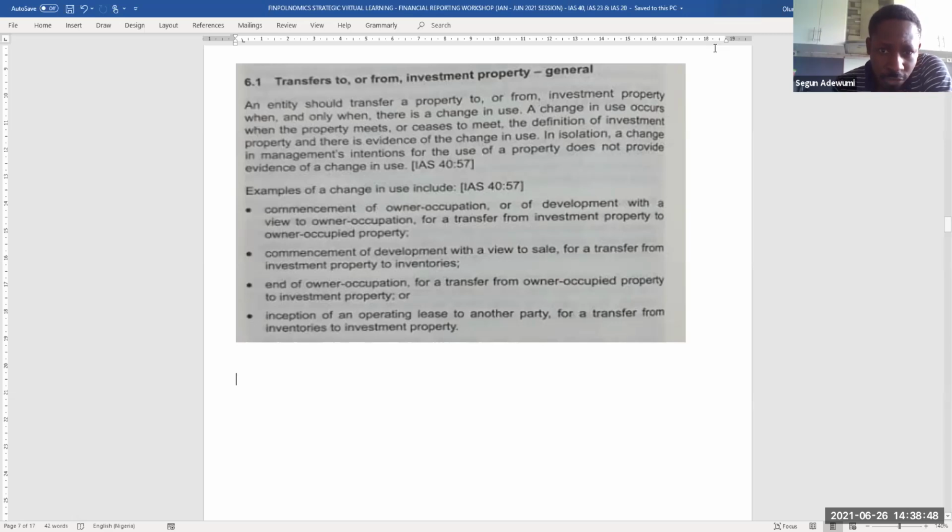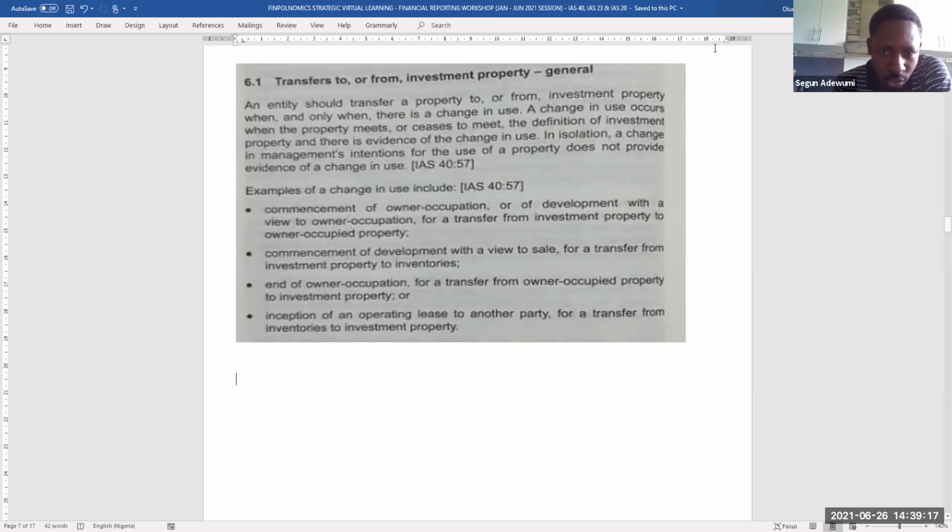An entity should transfer a property to or from investment property when and only when there is a change in use. A change in use occurs when the property meets or ceases to meet the definition of investment property, and there is evidence of the change in use. In isolation, a change in management's intention for the use of a property does not provide evidence of a change in use. IAS 40, paragraph 57.